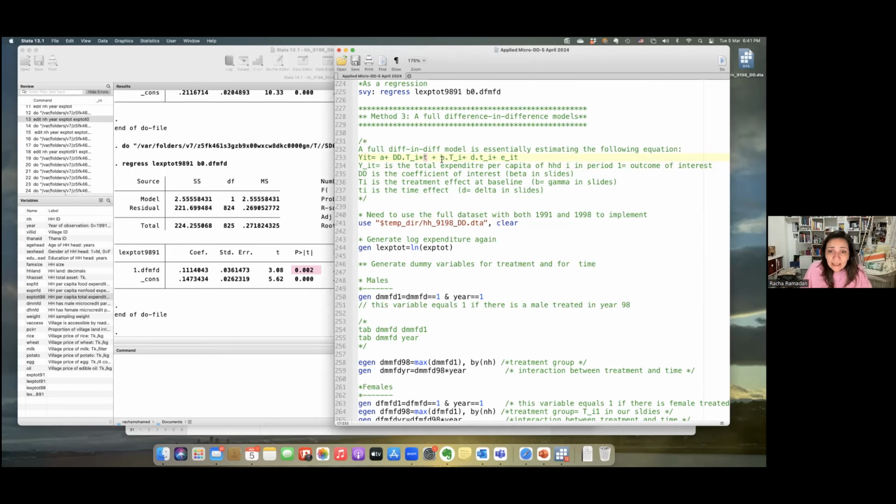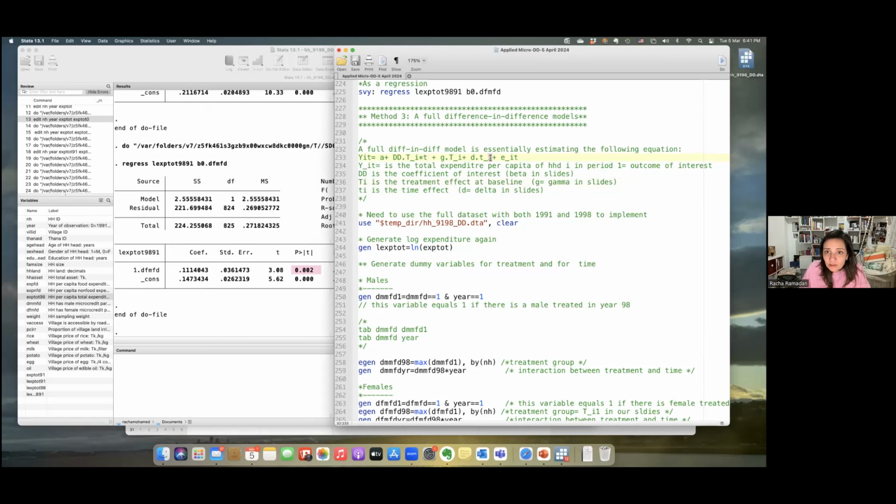The B is the coefficient of the dummy variable of the treatment, and the treatment here depends on whether we focus on the male microcredit program or the female microcredit program. Here the B corresponds to the gamma in the slide. And the last coefficient, delta, the D, is the coefficient of the time dummy.